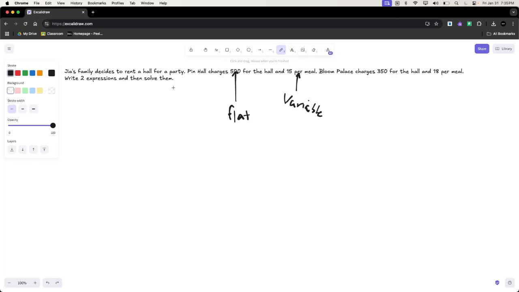Okay. So let me first go ahead and write the two expressions for each of these halls. I'll use red for Pin Hall. Let me just write Pin Hall. There we go. So for Pin Hall, you have to pay $500.